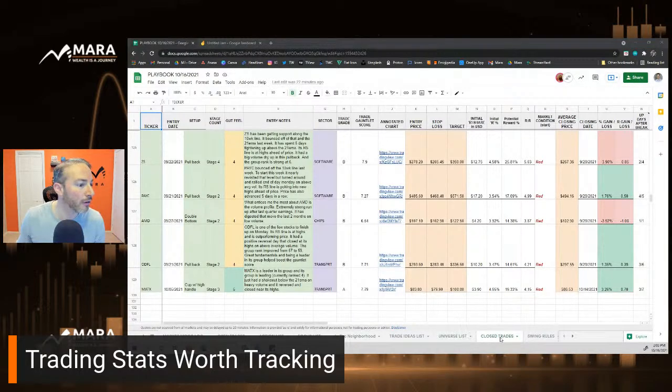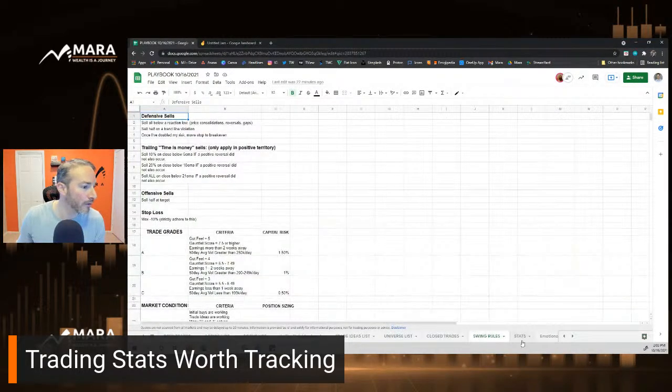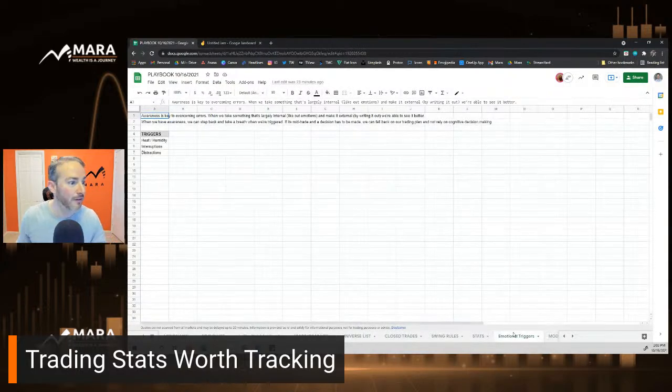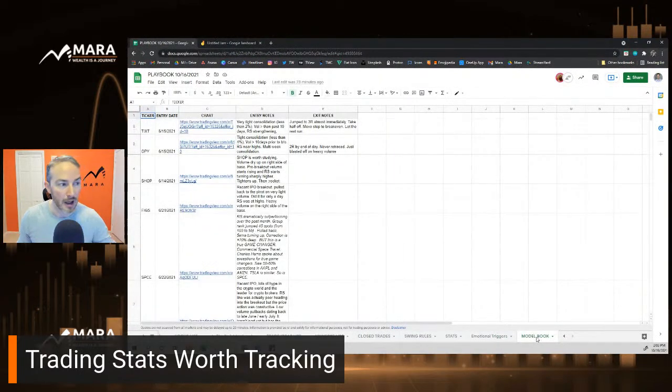So we've got closed trades, we've got swing trading rules. We'll talk about those too. Stats. I want to spend a lot of time on this particular sheet. I think that this is going to help you guys a lot. There's a lot of stuff in here too, like different emotional triggers to keep track of for yourself, and a model book too. So wide application for this journal.